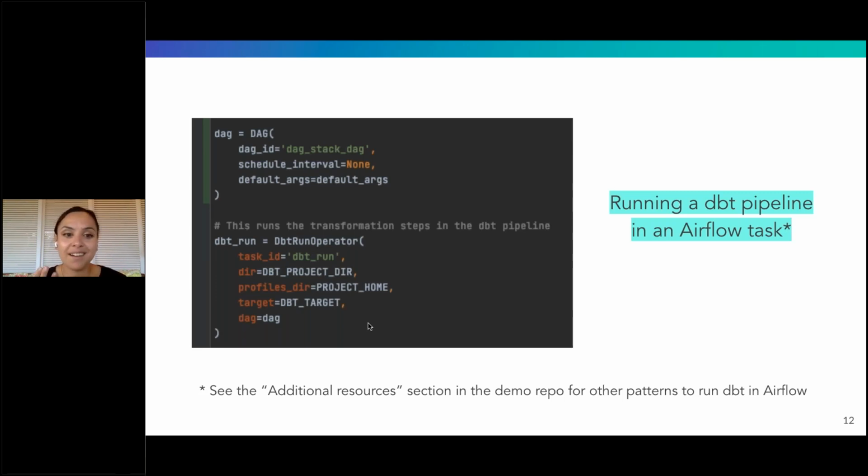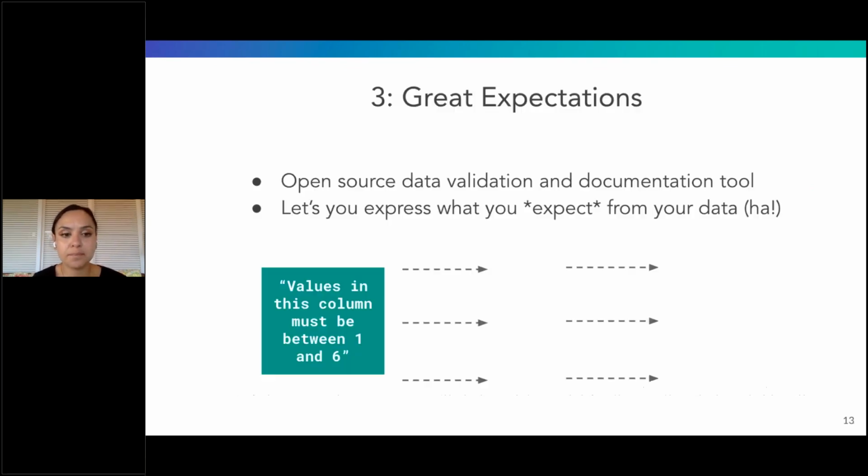We have a Great Expectations operator. So there's an operator for pretty much anything right now, and that just turns into a task in the Airflow DAG. So super straightforward. And like I said, there are other patterns to map DBT DAGs to Airflow.